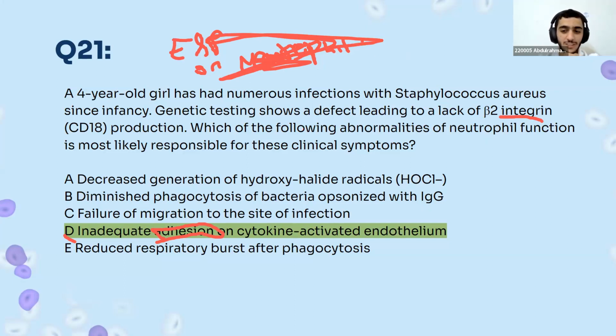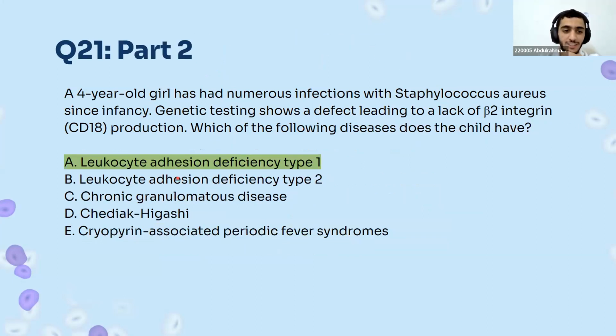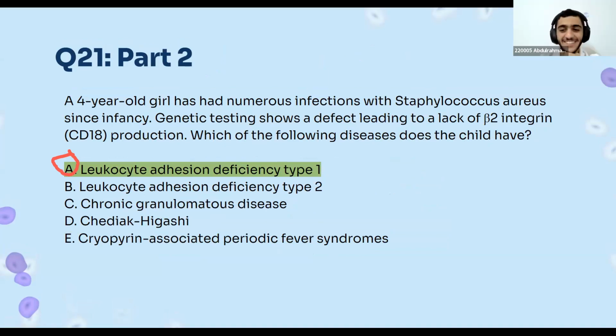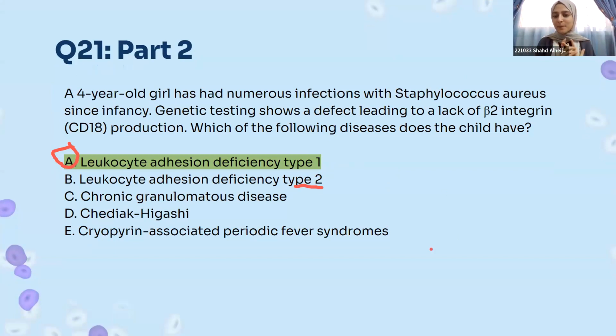Okay, so the next question, we had someone change their answer to A. Yes, you got it right last second. So it's leukocyte adhesion deficiency type 1. Now, can anyone from those who answered type 2 tell me what type 2 is associated with? So we have leukocyte adhesion type 1, and you have type 2.